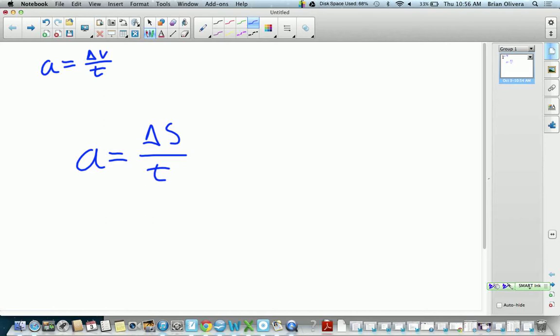So let's say that I have, well, let me back up. With the change, remember, change means difference. So we're looking at the difference in the initial speed and the final speed. What I mean by that is, let's say we have somebody on a bicycle, right? Say this is a bicycle, my wonderful picture here.